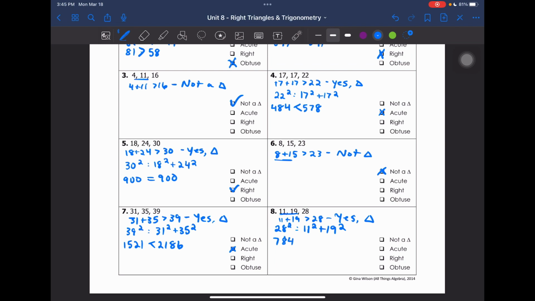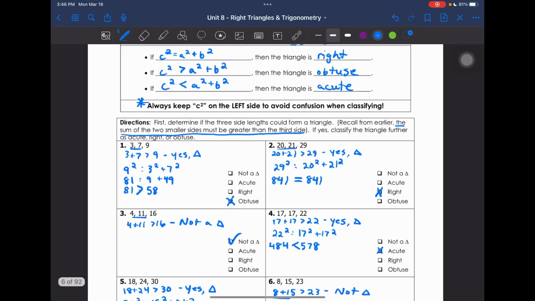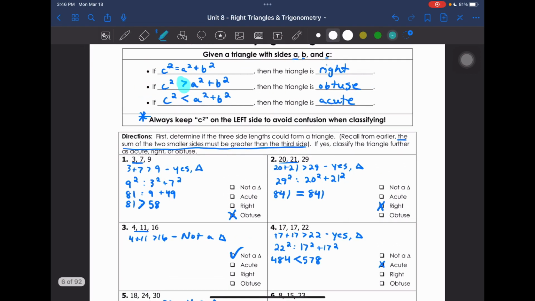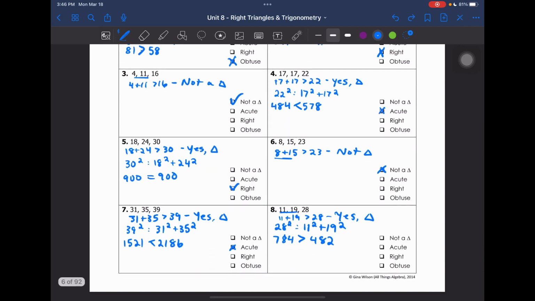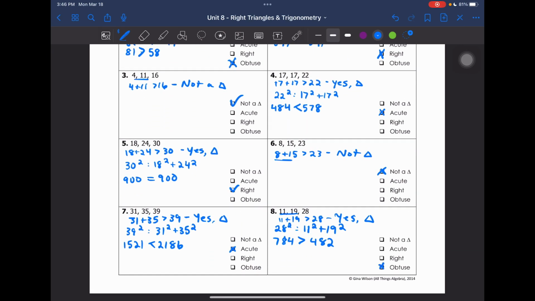And then 11 squared plus 19 squared, if you type that all in, you would get 482. So 784 is greater in this instance. And if c squared is greater, like that, we end up with an obtuse triangle. So that's what we need to check off here. And that's it for the lesson.